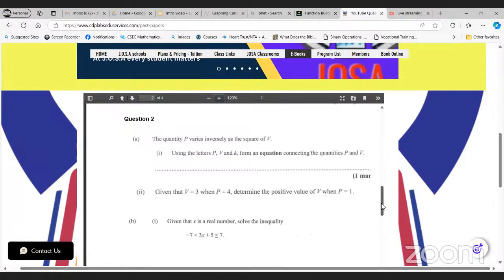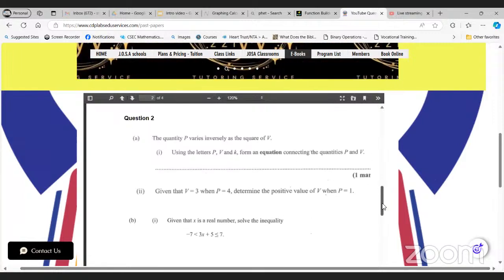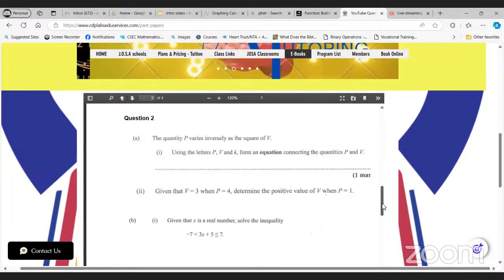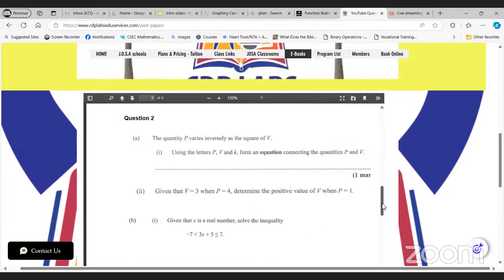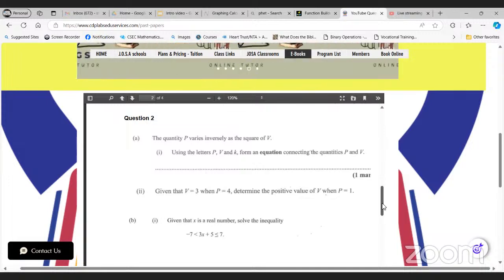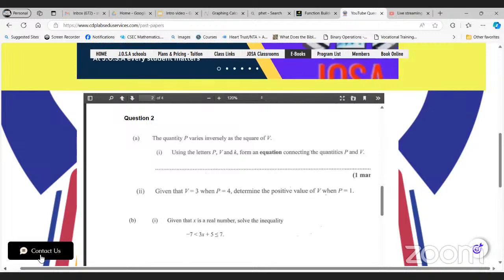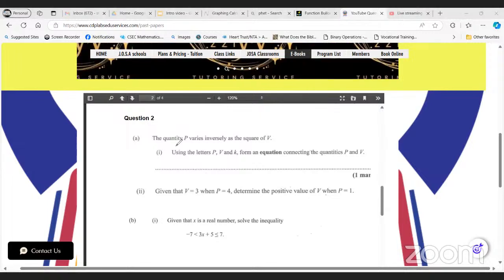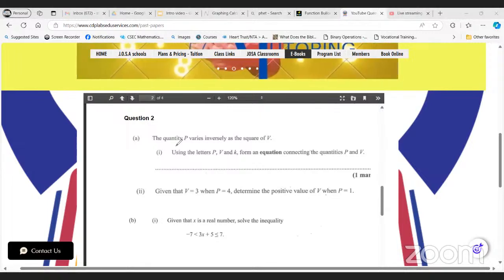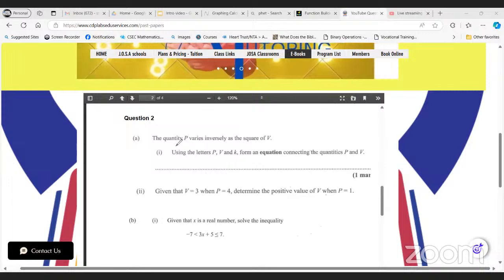Okay. So the first question, part A, says the quantity P varies inversely as the square of V. Now, please note, there are some words that we must pay attention to.